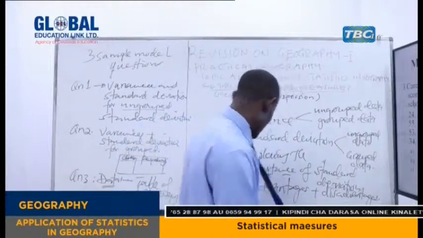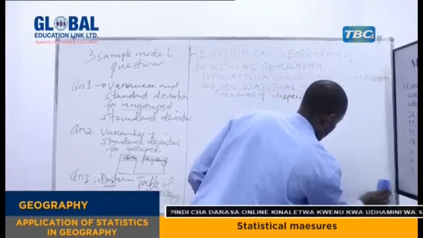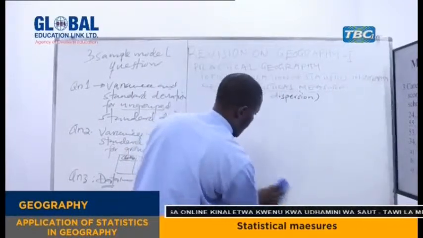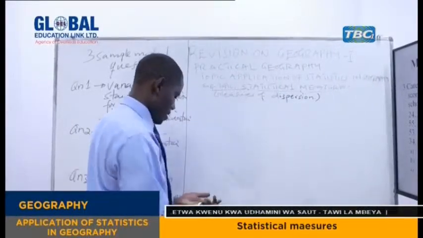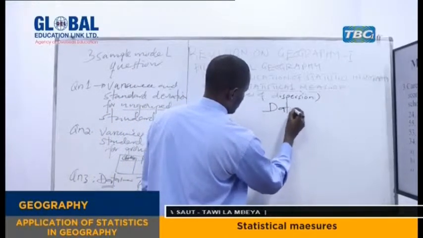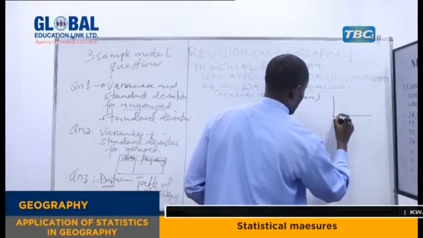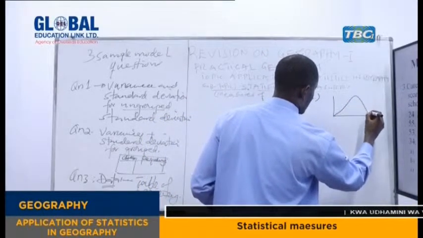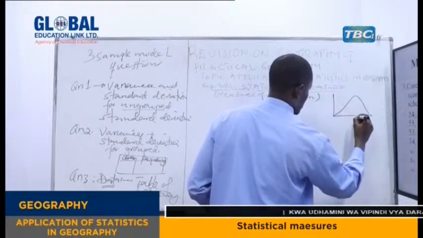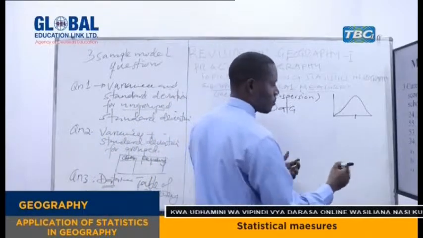Before we go for the revision, I would like to remind you about the following. You can just recall that we're talking about the data, because the center of our revision is the measure of dispersion.